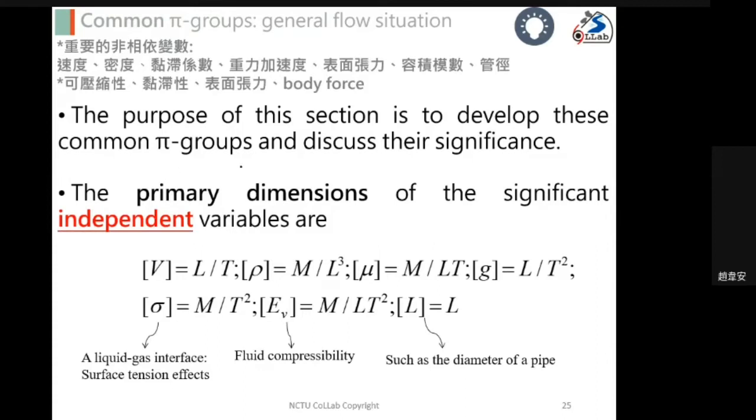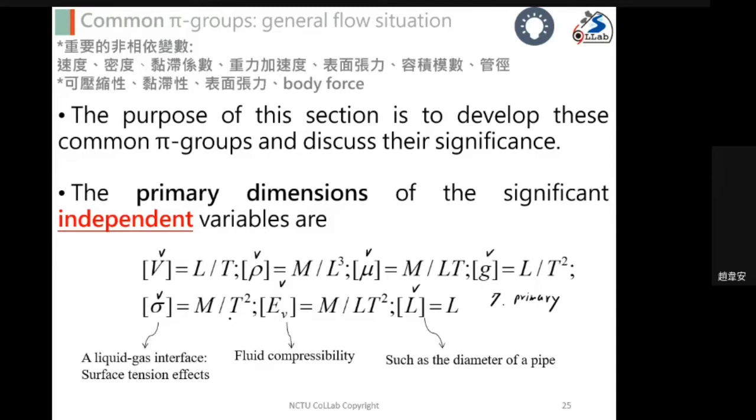There are the primary dimensions of the significant independent variables, such as the velocity, density, viscosity, gravity, the surface tension, the bulk modulus, and the diameter. So in total there are 7 primary dimensions, and we call those the significant independent variables.